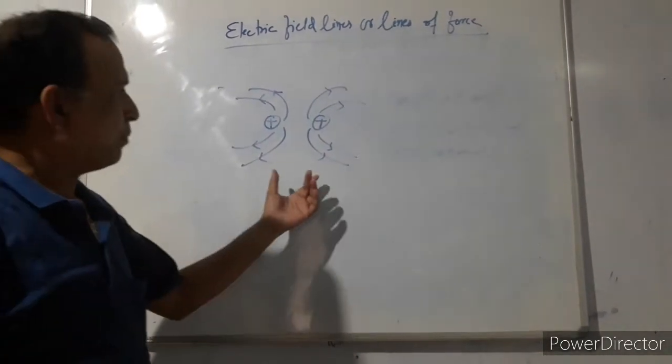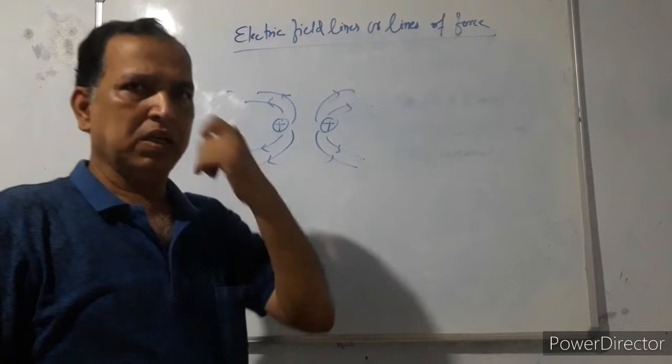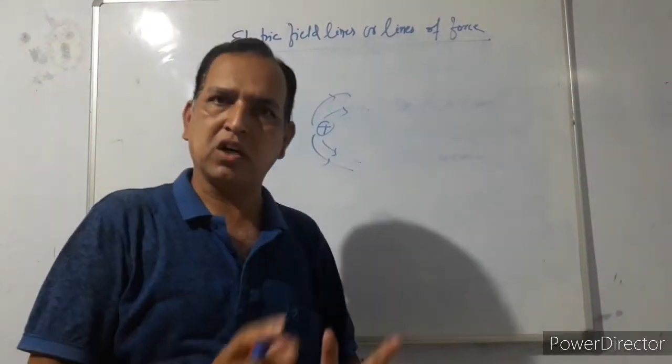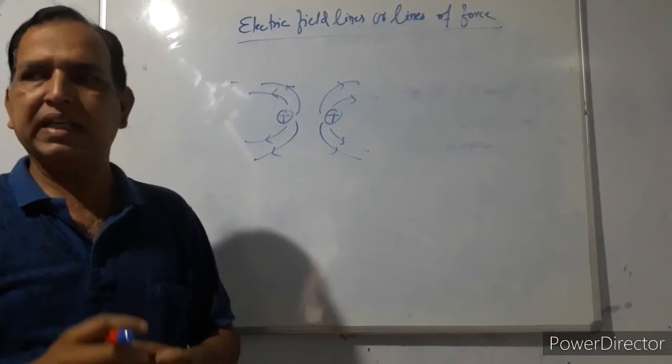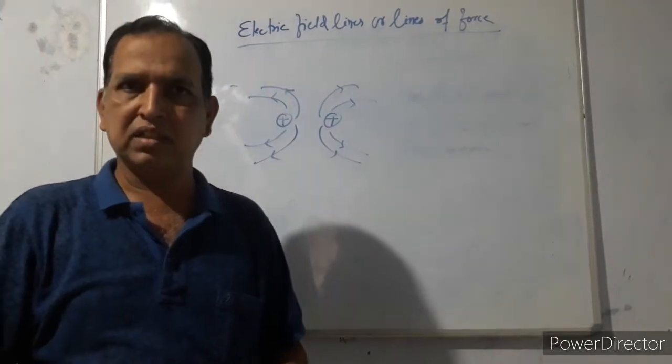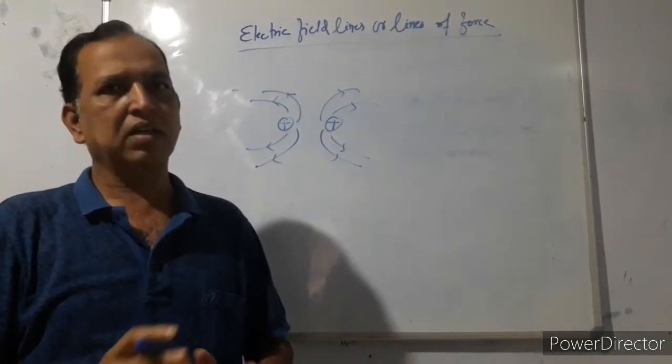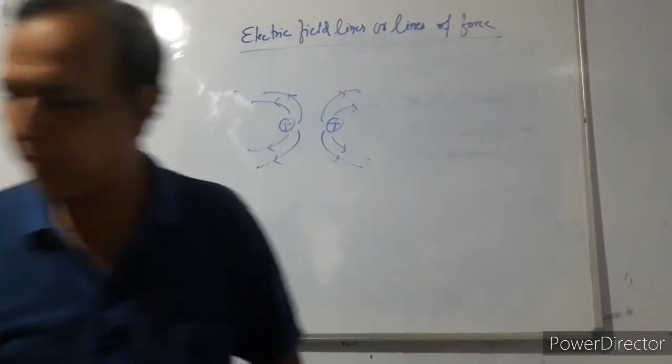Clear? So in case of an isolated charge, the lines of force are straight. In case of the combination of two charges, the lines of force are curved.